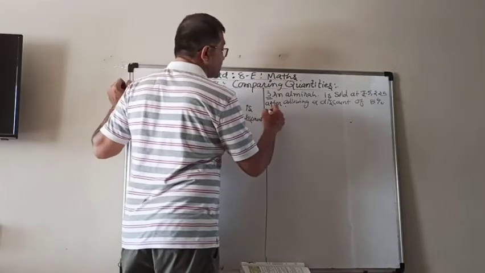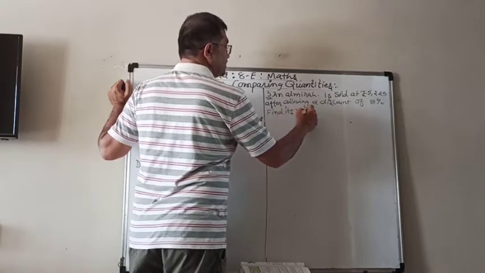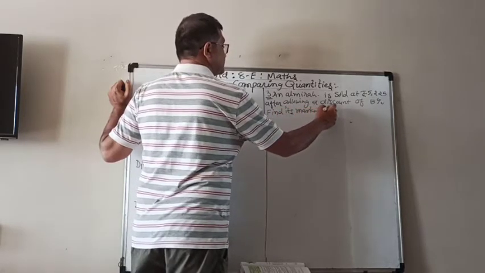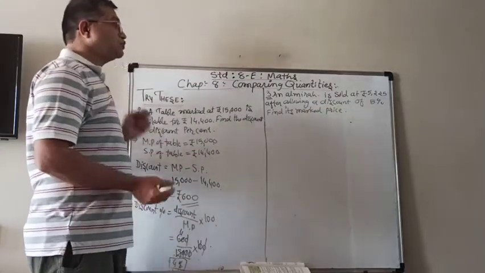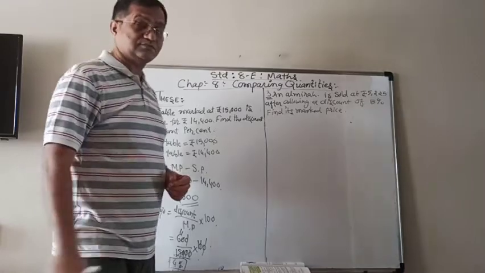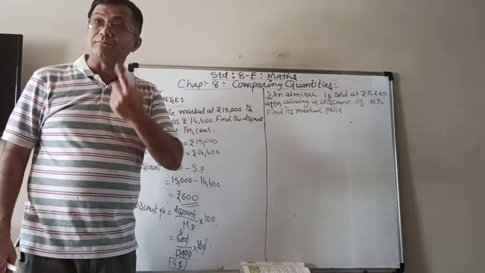Find its marked price. Here a totally different sum is there. Here we don't have to find the sale price. Sale price is given. We have to find the marked price.